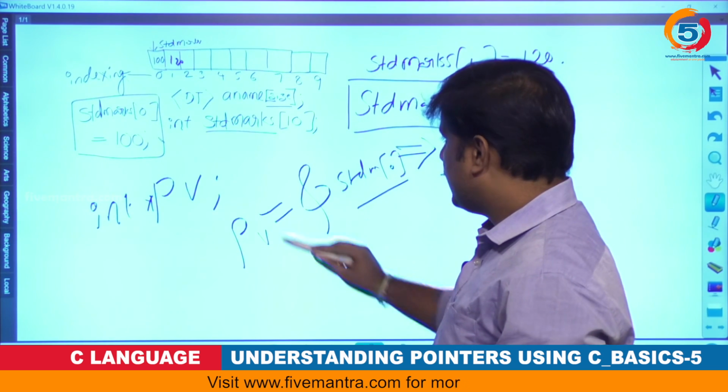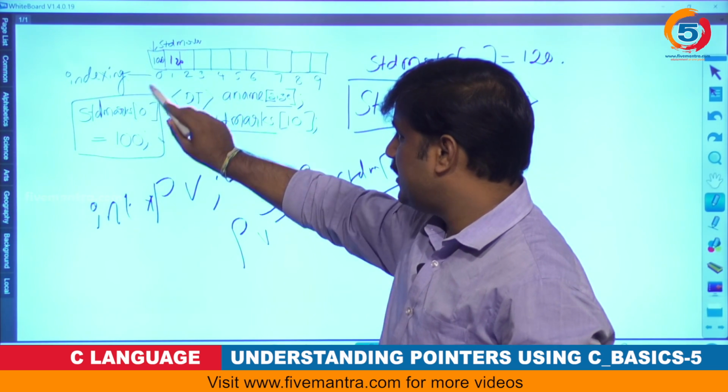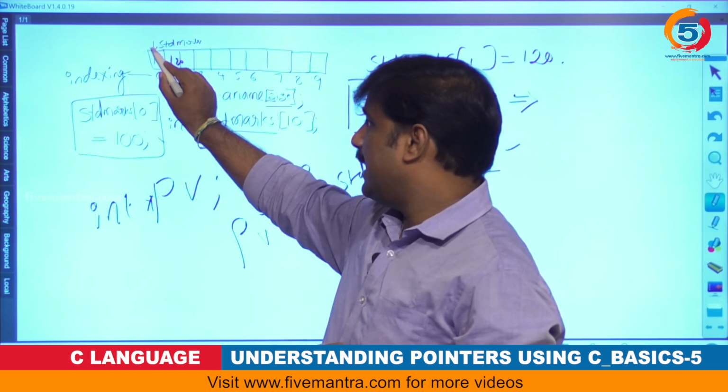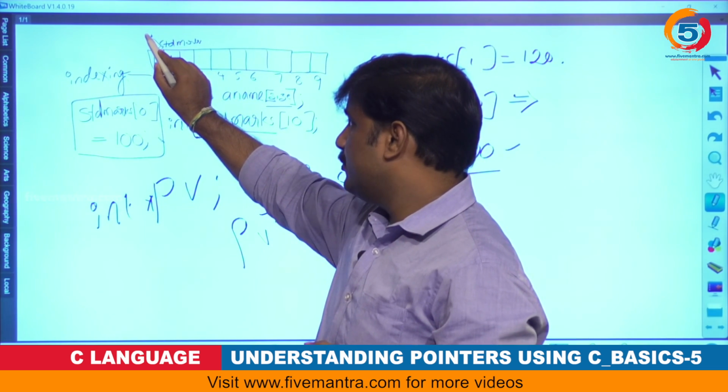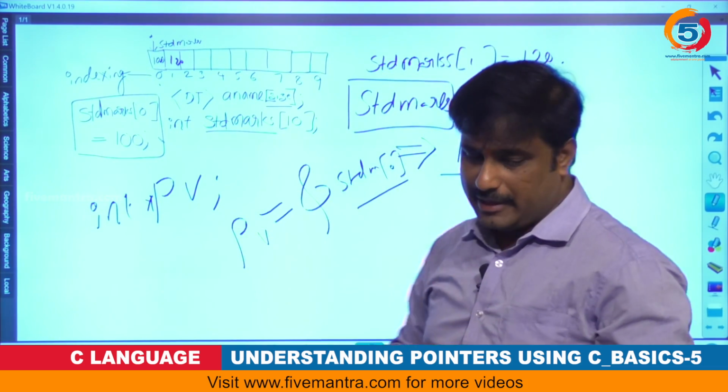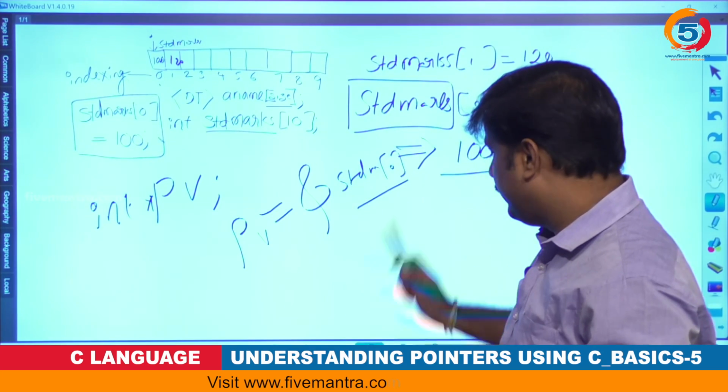Student marks of 0 is the 0th element, so directly it will give it. Each block has a unique address, starting from some number, and it will print. Programmatically we will see how it works.